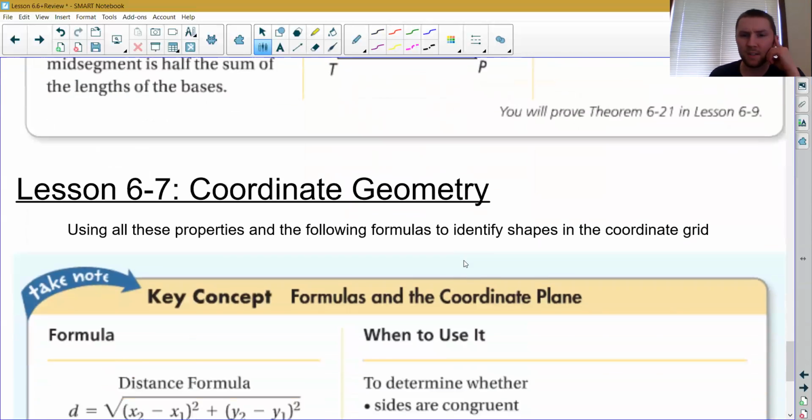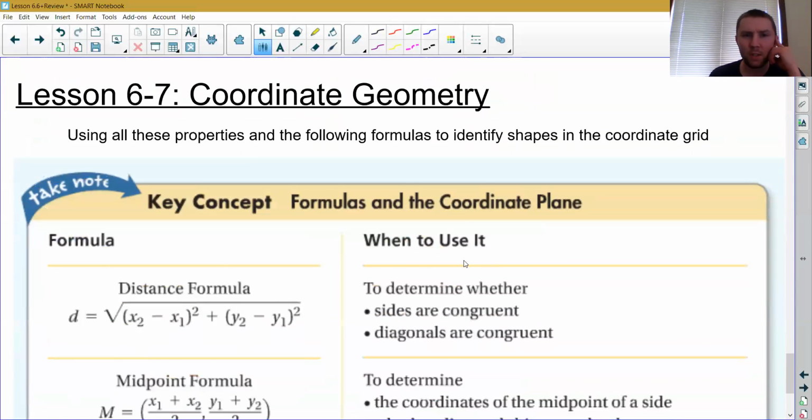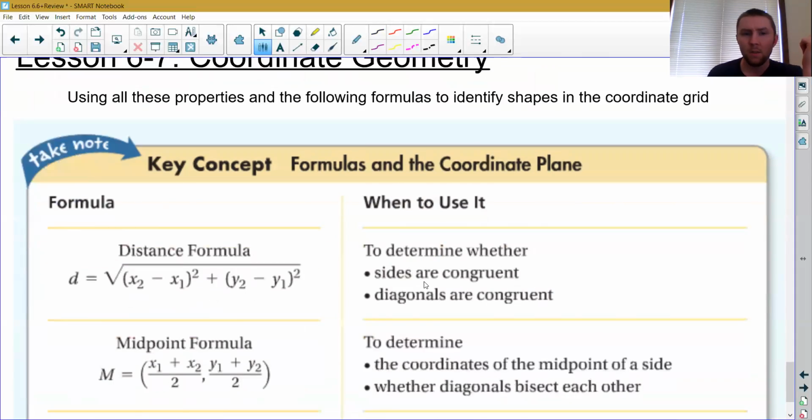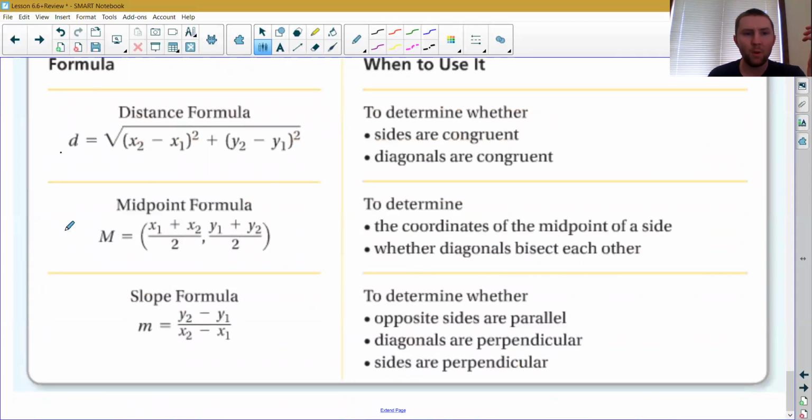And then section 6-7, we just talked about all of these different kinds of shapes in a coordinate grid, okay, in a coordinate plane. So remember, we used the distance formula, we used the midpoint formula, we used the slope formula to try to determine all of these things and decide, given these four corners or four coordinate points, what type of quadrilateral is this, okay?